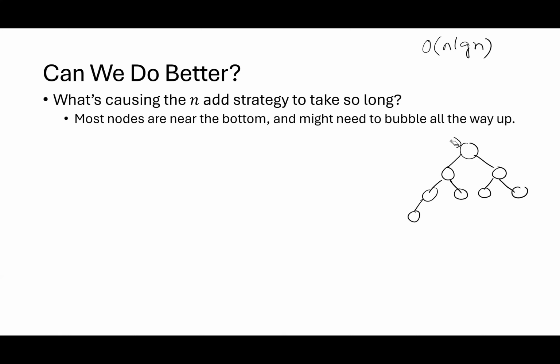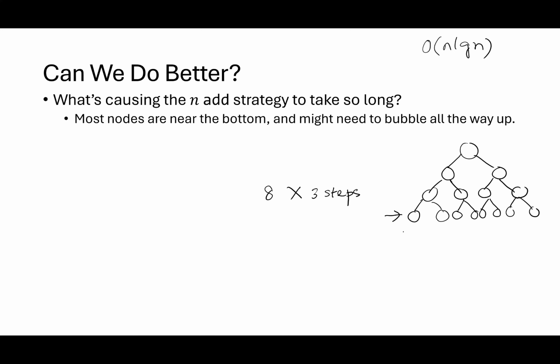You need to work 3 steps, right? So you see here that all the new nodes being added to this new level need to work 3 steps. There are 8 nodes that may need to work 3 steps.